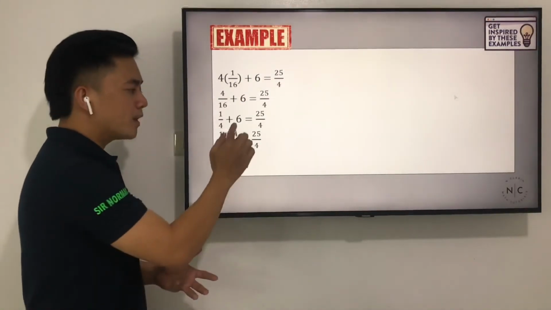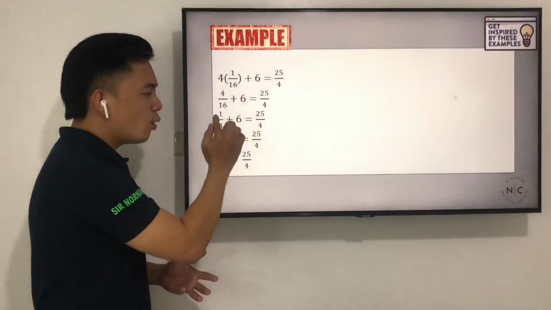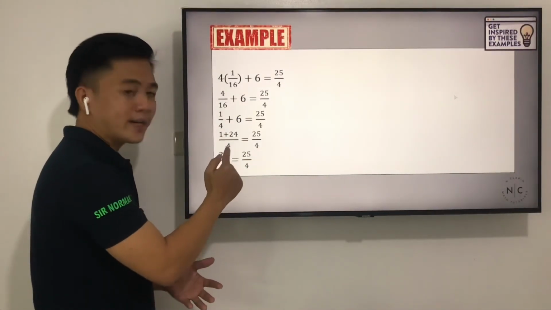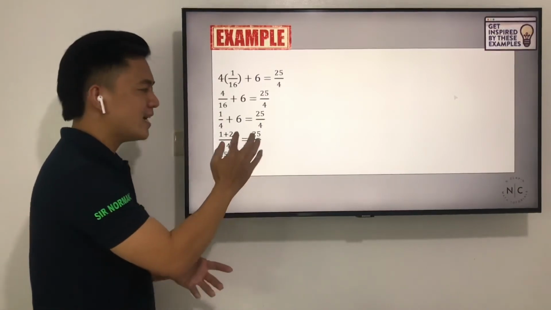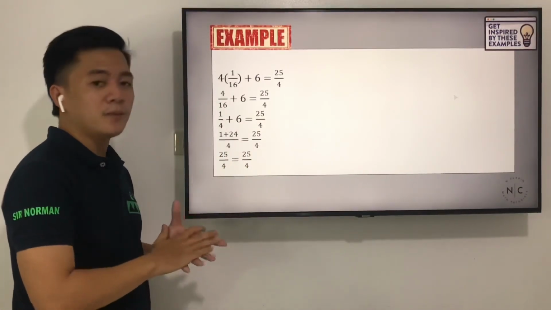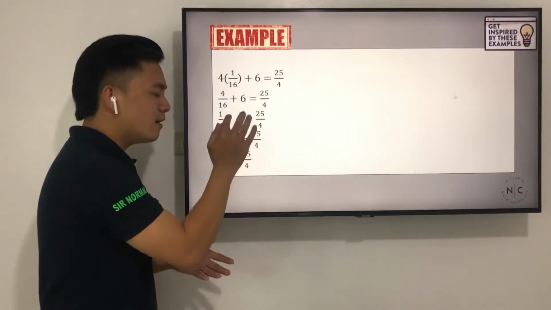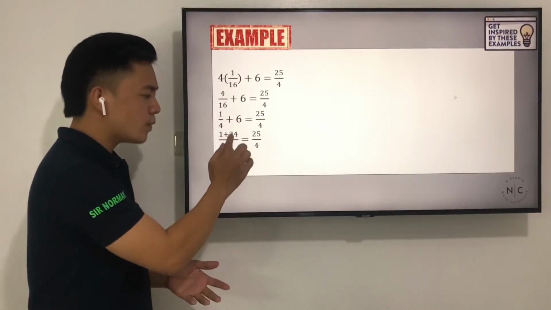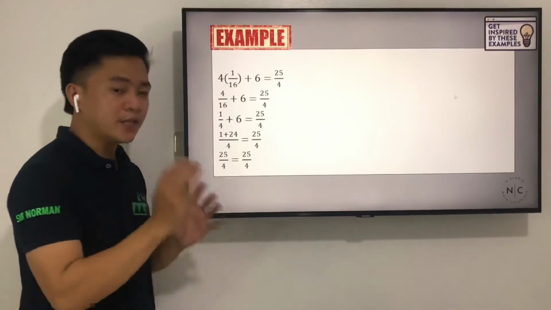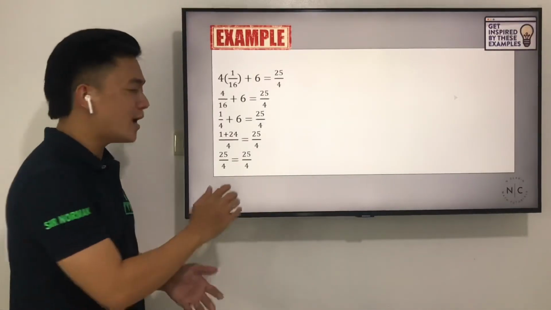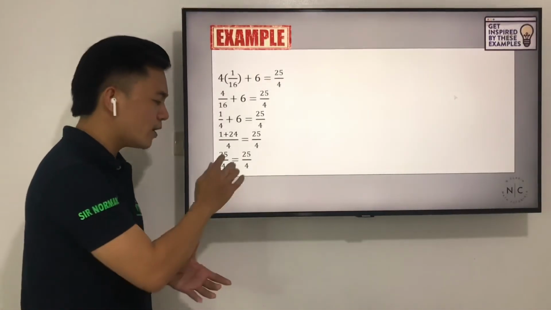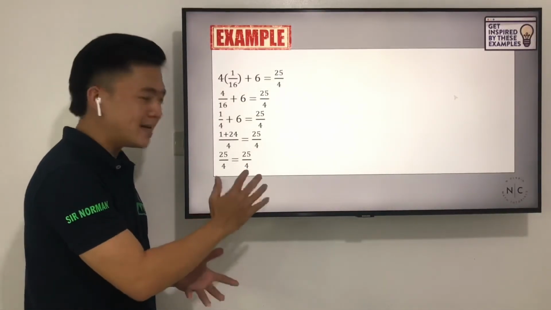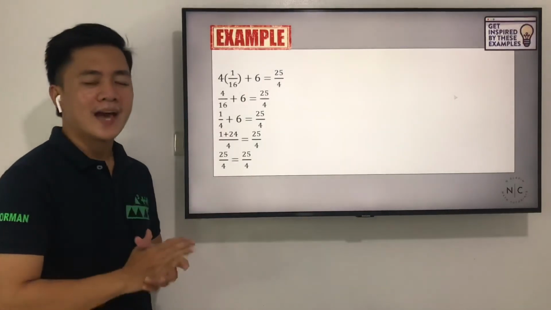Bring down lang natin yung 1 kasi 4 na yung denominator niya. Next is si 6, whole number yan. So ang mangyari is, times natin kay 4. 6 times 4 is 24. Next is 1 plus 24 is 25. Pwede tayo mag-add kasi pareho na yung ating denominator. Kaya ang nangyari is 25 over 4 is equal to 25 over 4. Which means, tama yung ating answer.